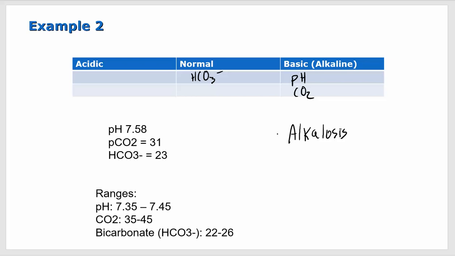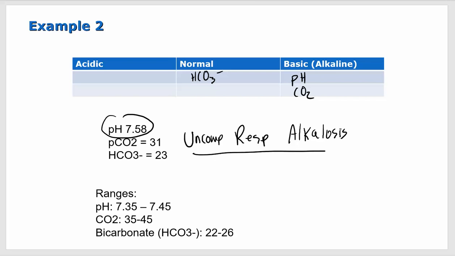We can see that because it's carbon dioxide, it's respiratory. And we can see from our pH and the fact that our bicarb is normal that it's uncompensated. It's not partially compensated because then our bicarb would be pulling it. So this is uncompensated respiratory alkalosis.